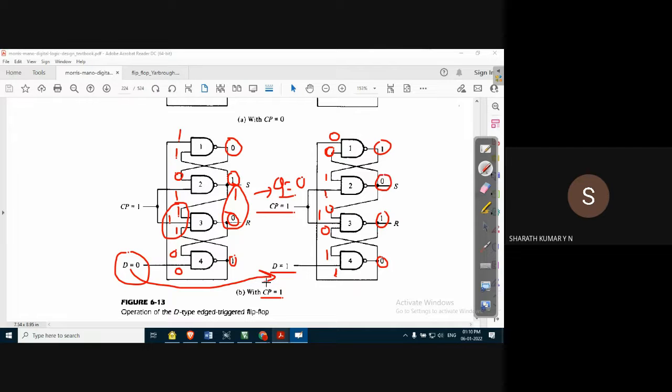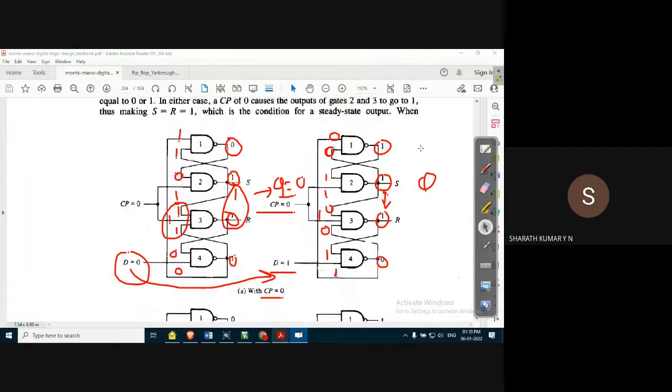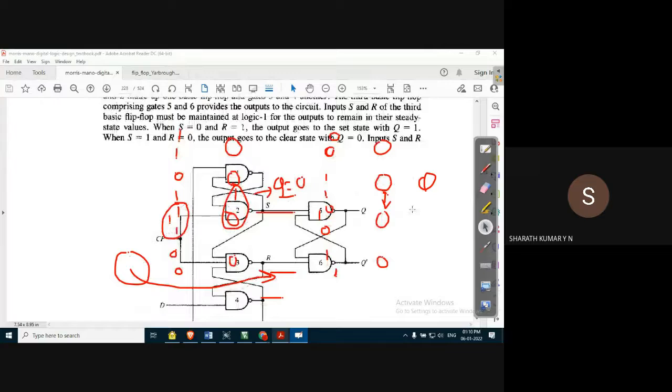That means when the input is 1, D flip flop is 1, the SR condition changes to 0 and 1. Because of this, ultimately the Q output in this final circuit becomes 1. You can see that this Q output transitions to 1.